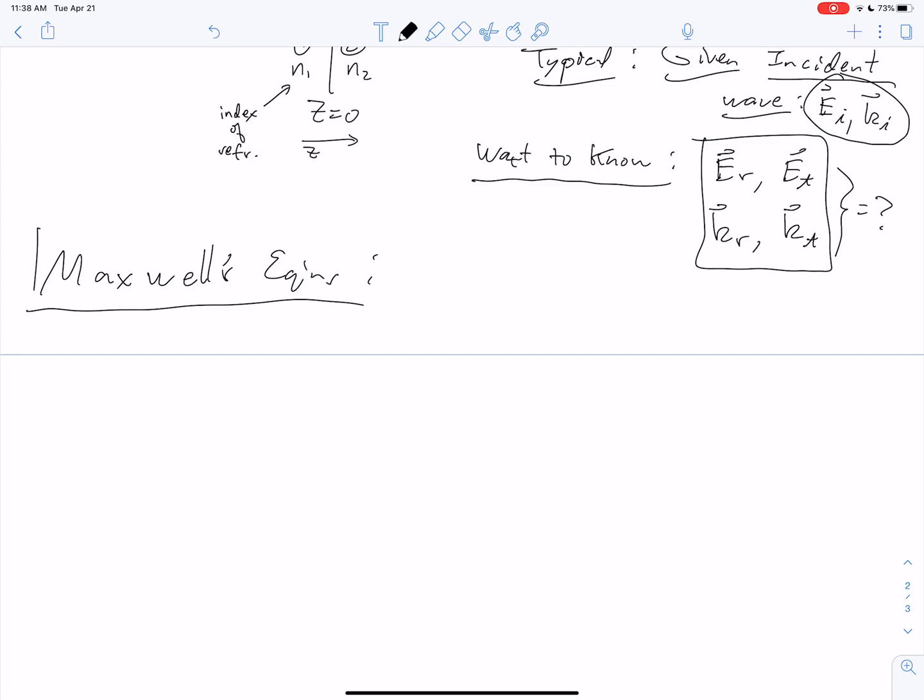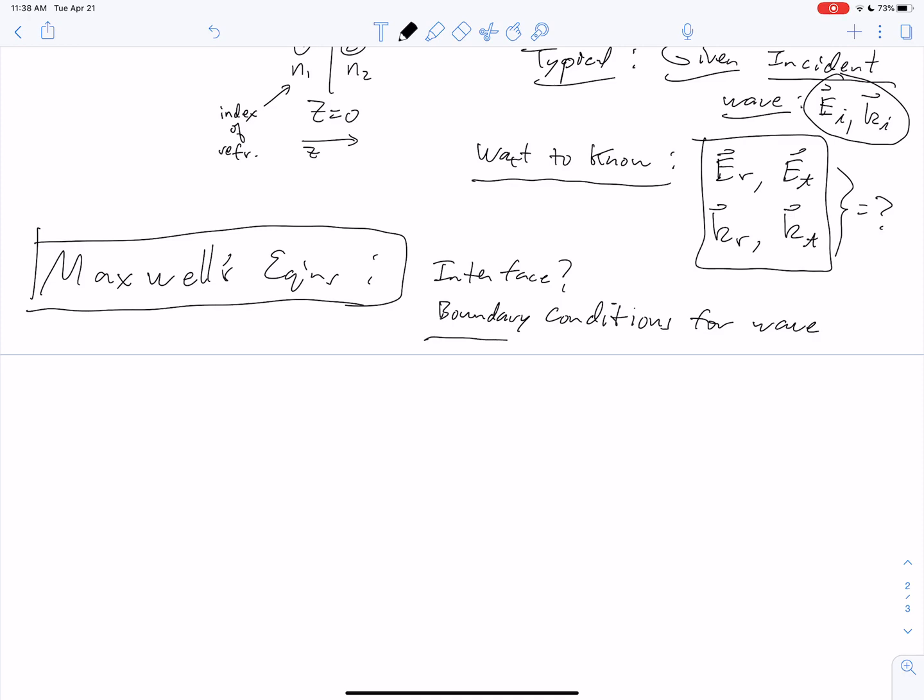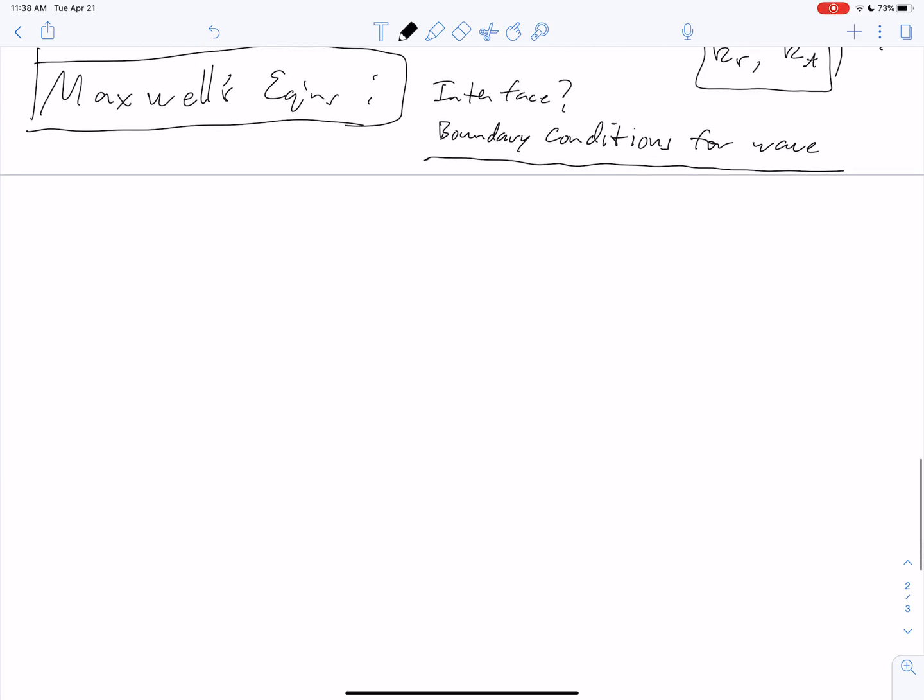So what do Maxwell's equations tell us about the interface? Basically, it's the boundary conditions. We have to figure out the boundary conditions for the wave, and that comes from Maxwell's equations. You remember that we derived all that boundary condition stuff earlier in this course.